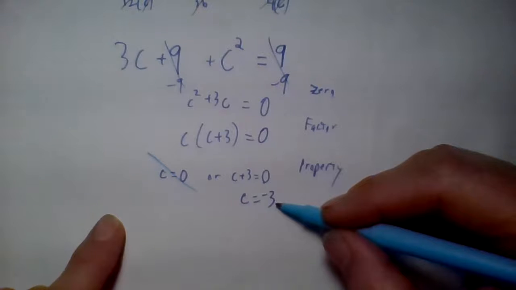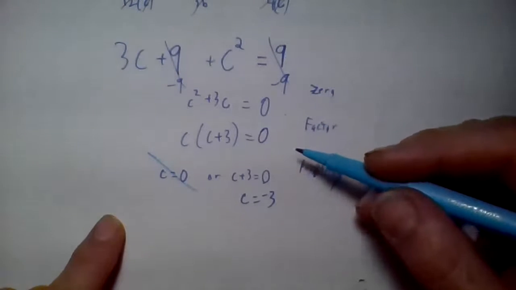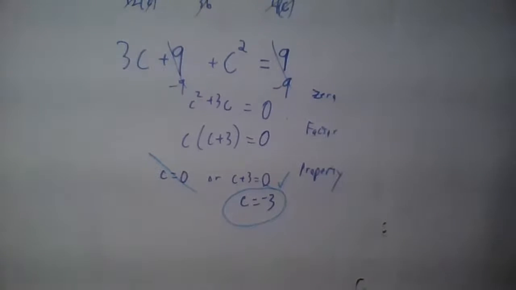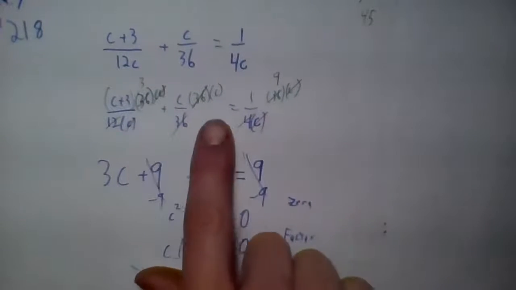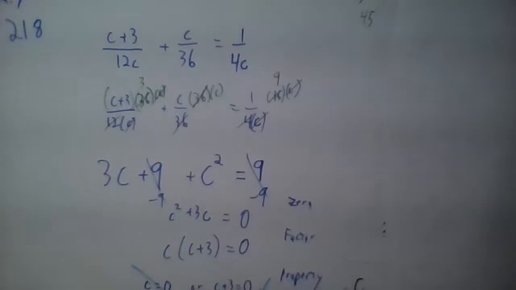Now, if c is negative 3, that actually works fine in the original one. You can substitute in a negative 3 and you don't get any 0 denominators. So this one checks. Okay, we're going to have to keep an eye on that. So that's the risk that you take when you multiply both sides of an equation by something. It's a valid step to do what we did here and multiply everything by 36c, but it runs the risk of creating those extraneous solutions.